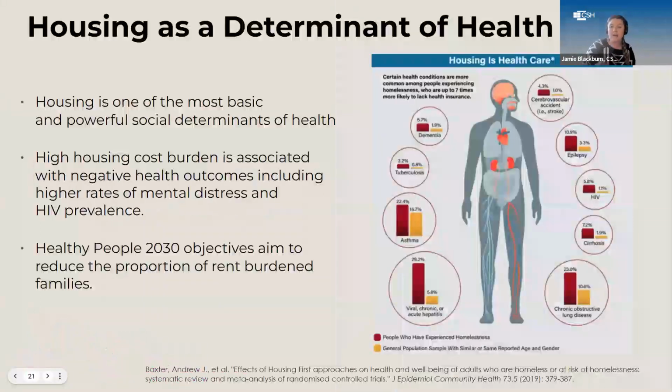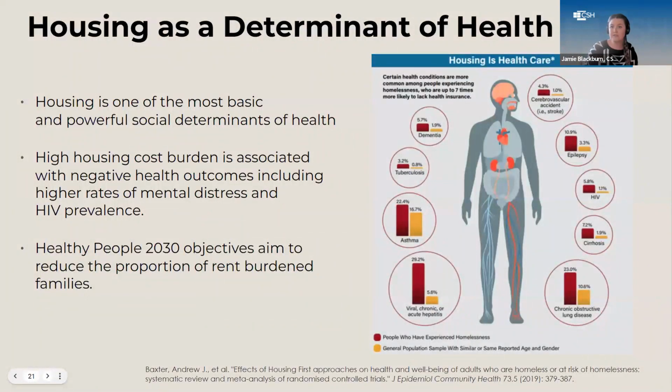Now, when we talk about housing as a determinant of individual health, there's certainly such a strong evidence base that links housing as one of the most basic and most powerful drivers of health. And this is reflected in, Chloe mentioned, the Healthy People 2030 objectives. One of those objectives aims to reduce the number of families that are considered rent burdened.